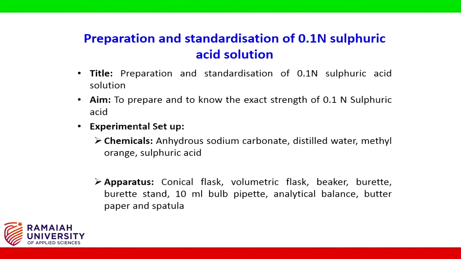Chemicals required are anhydrous sodium carbonate, distilled water, methyl orange, and sulfuric acid. Apparatus required are conical flask, volumetric flask, beaker, burette, burette stand, 10 ml bulb pipette, analytical balance, butter paper, and spatula.